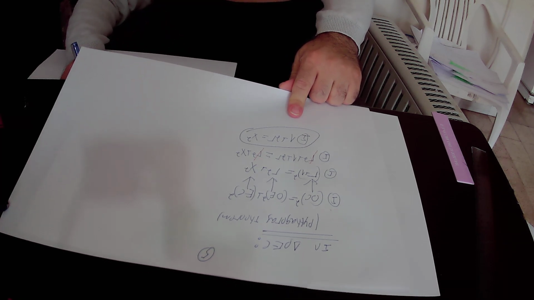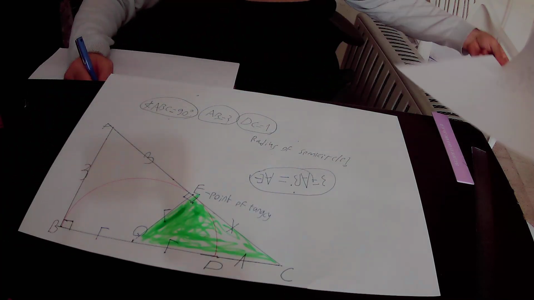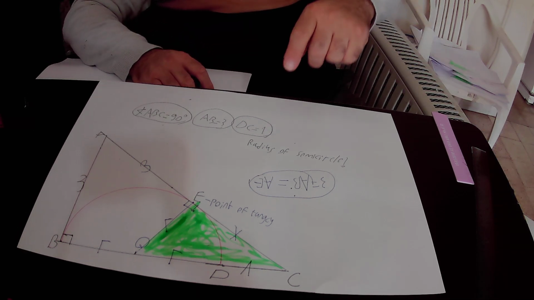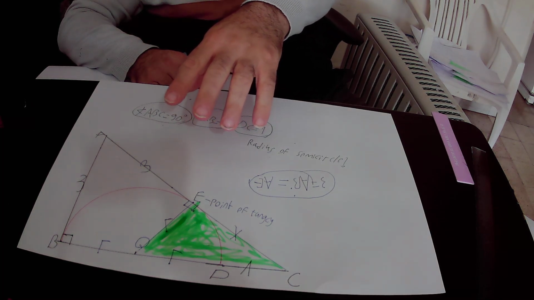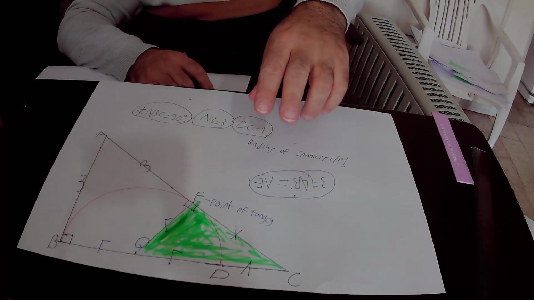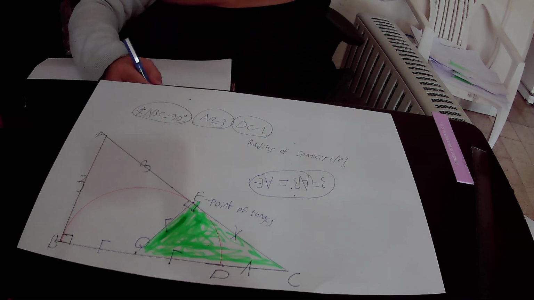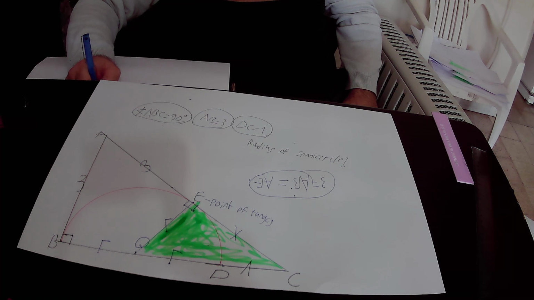Okay, so in the next step, we will focus on two triangles, the right big triangle, triangle ABC, and the small green right triangle, triangle OEC.